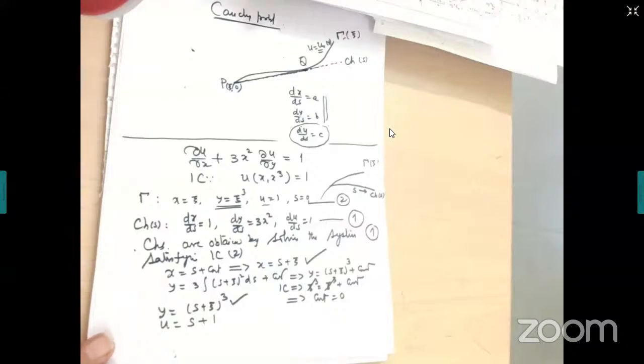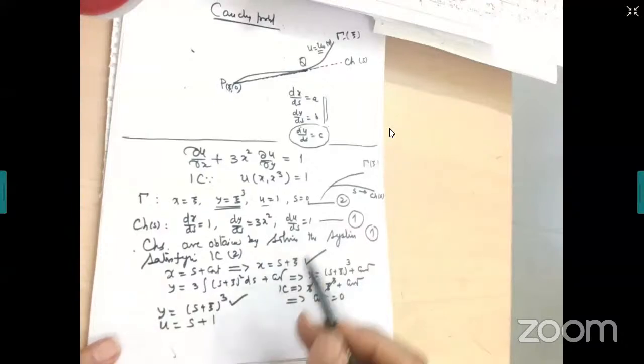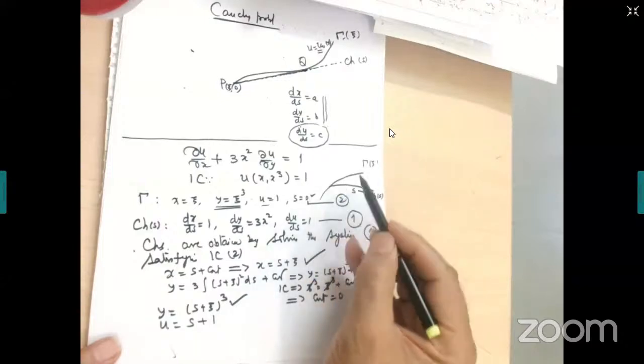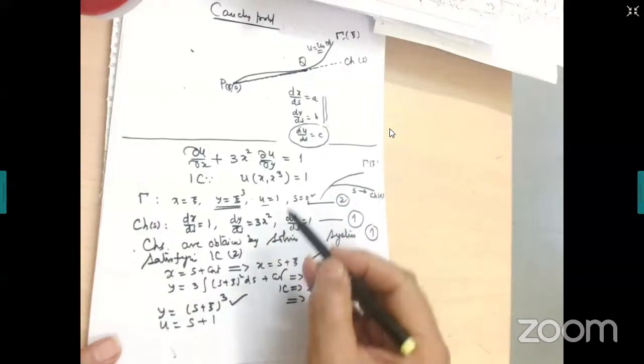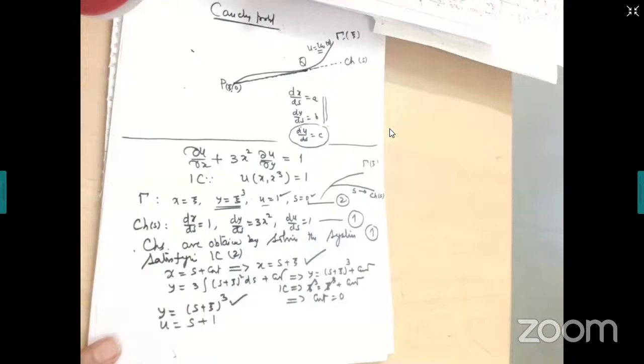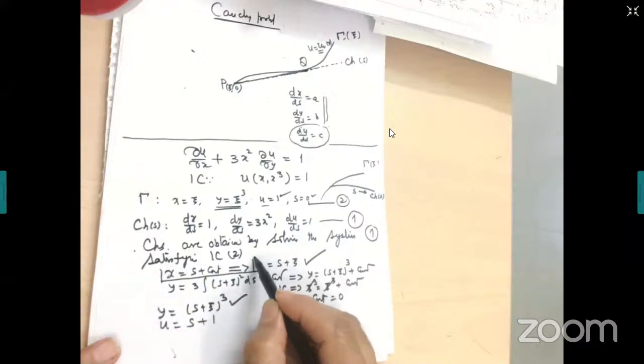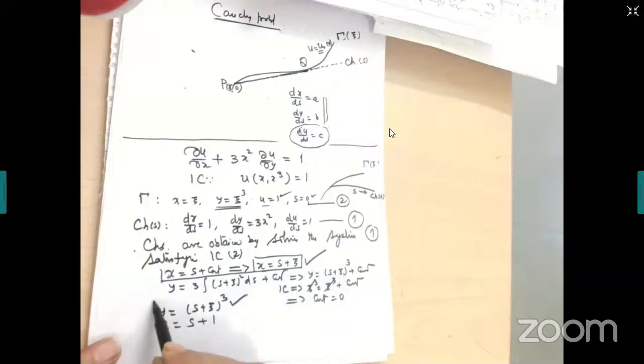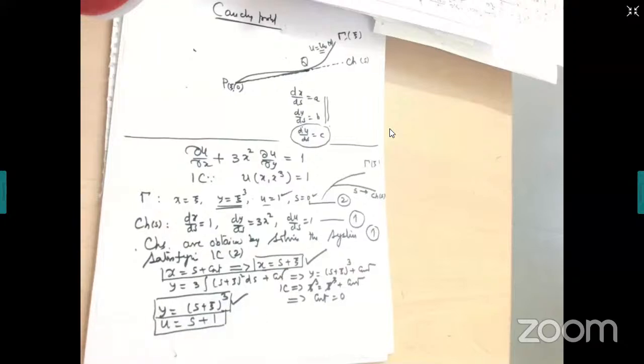So these are the extremely important equations: x is equal to s plus xi, y is equal to (s plus xi) whole cube, and u is equal to s plus 1.